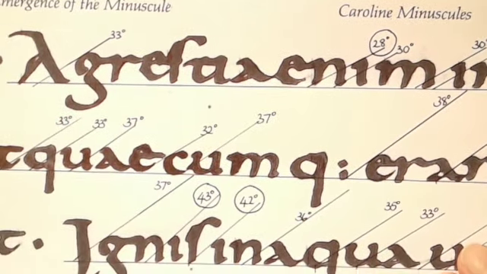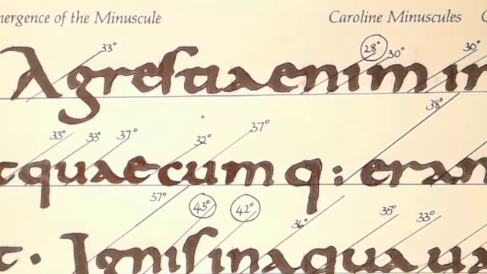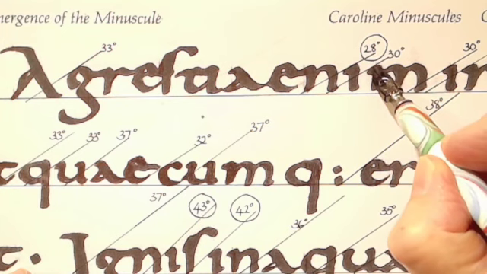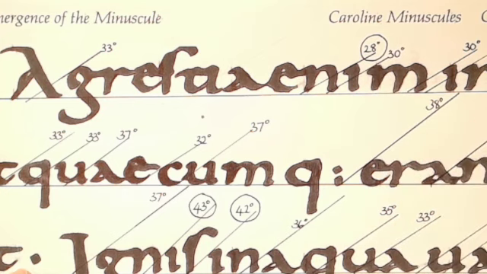On this example that I've already annotated with the pen angles, we need to look for marks that have been made at 90 degrees to the predominant pen angle. We've established that as between 30 and 38 degrees on this example.